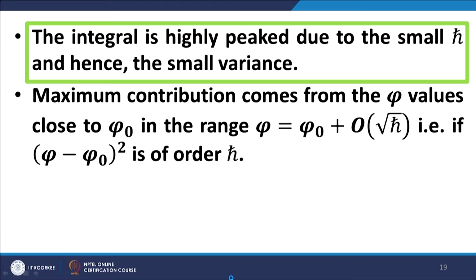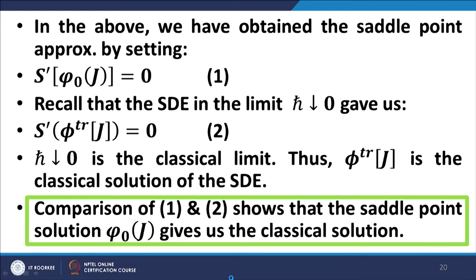It is highly peaked due to the small h bar, and the maximum contribution therefore comes from the phi values close to phi 0, in the range phi 0 plus root h bar to phi 0 minus root h bar, which makes phi minus phi 0 whole square of the order of h bar.